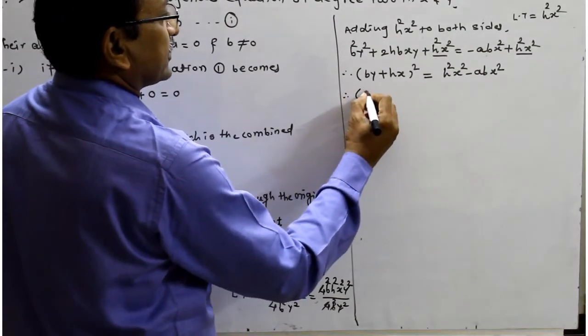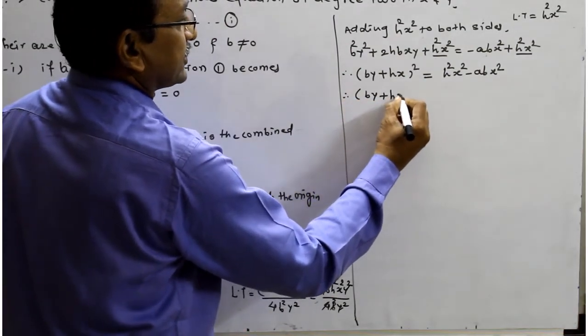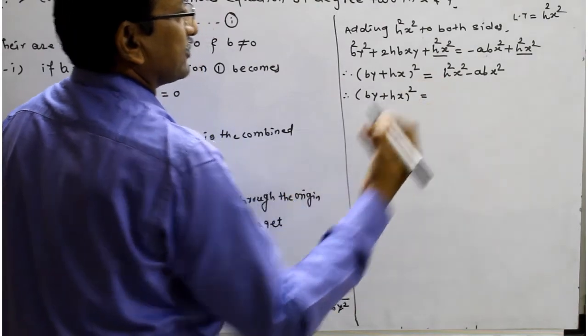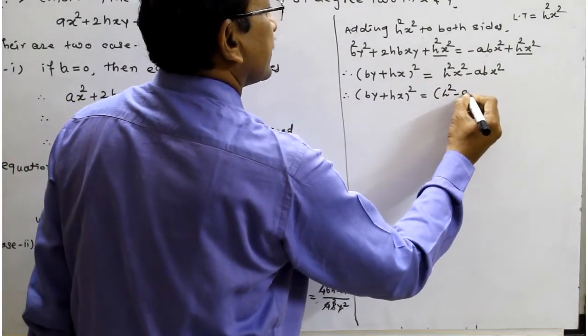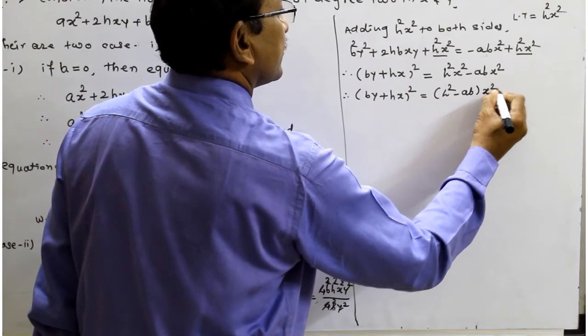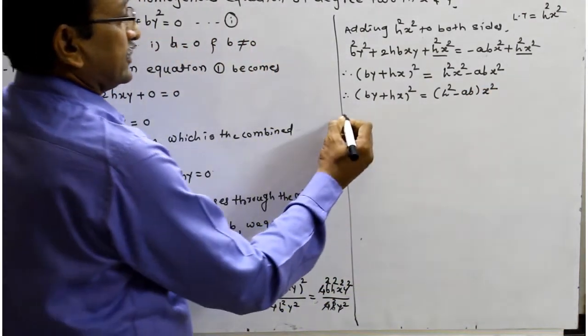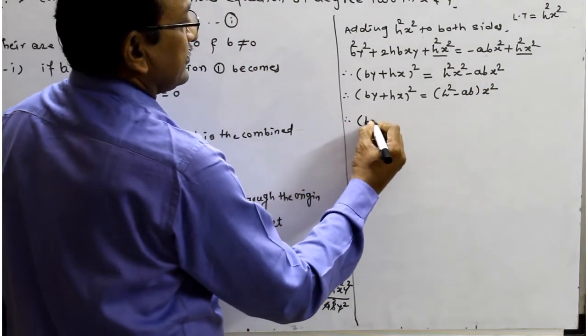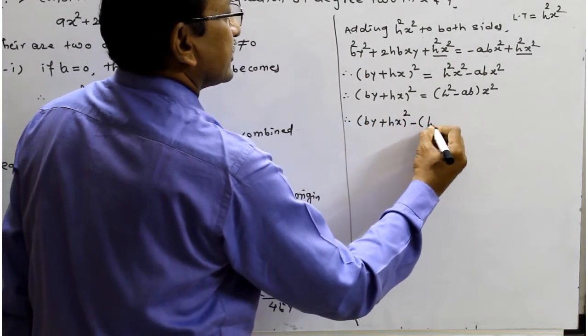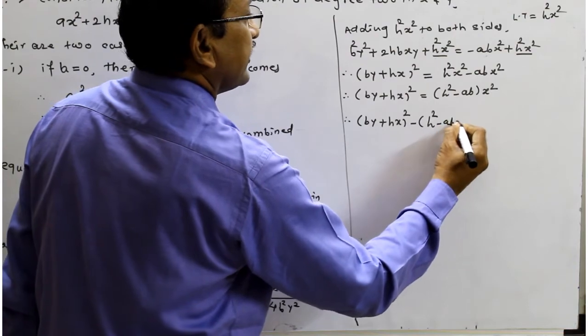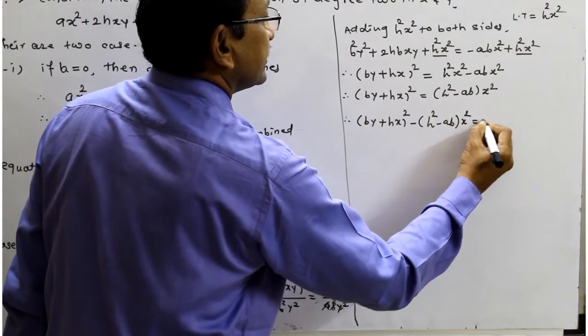So therefore by plus hx square is equals to, take x square common, so it is h square minus ab x square. So therefore by plus hx square minus h square minus ab x square is equal to 0.